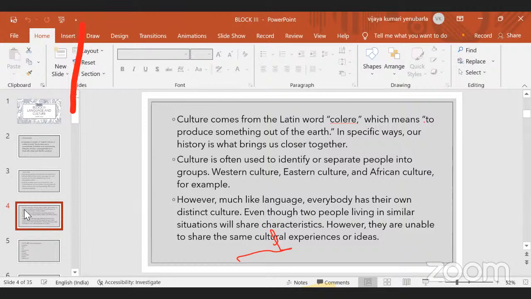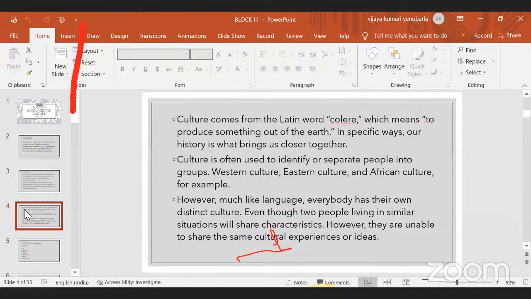Obviously, you go somewhere out of our country, and if we encounter some other people, you'll find out, oh, you are not part of this place, because everything is new. Whatever they follow, the way of dressing, the way of language, everything.